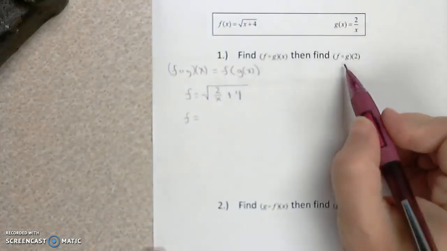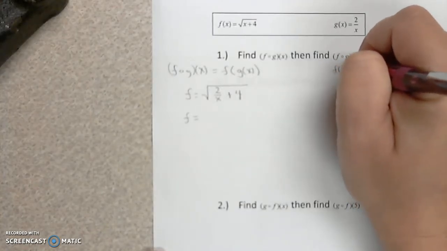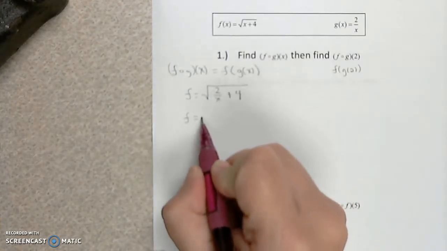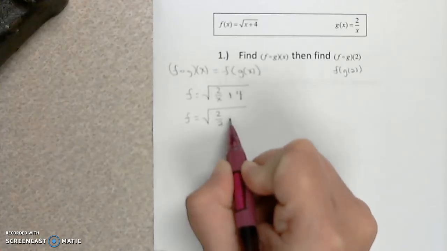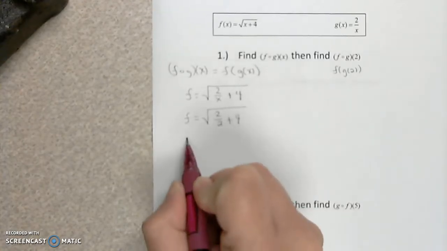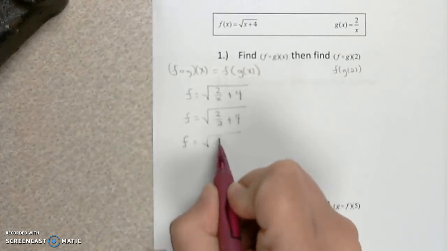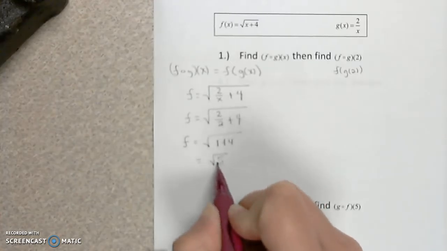Now what I want to do is find f of g of 2. So it would be written like this. I would simply take, everywhere there's an x in my new function, and fill in the value 2. Then that would be 2 over 2 is 1, plus 4 equals the square root of 5.